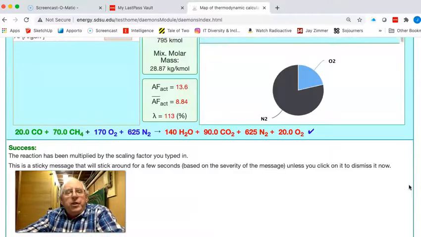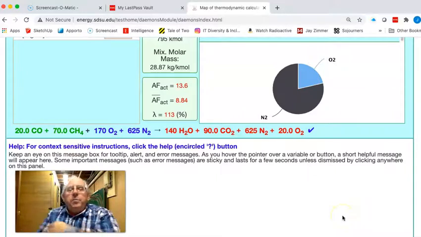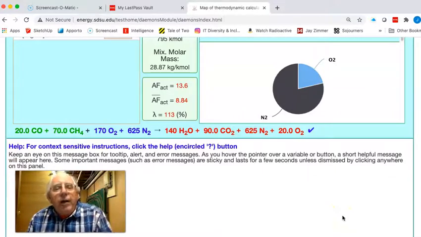And now what should happen is I'm back to the equation that I wanted. And I also did a balance on the products. And so now everything is perfectly balanced.